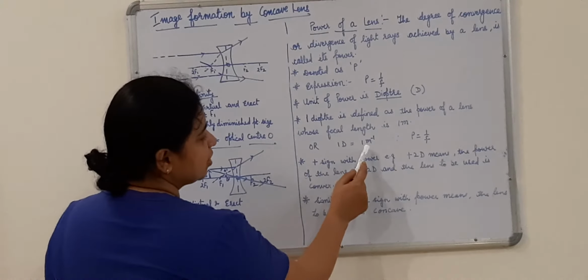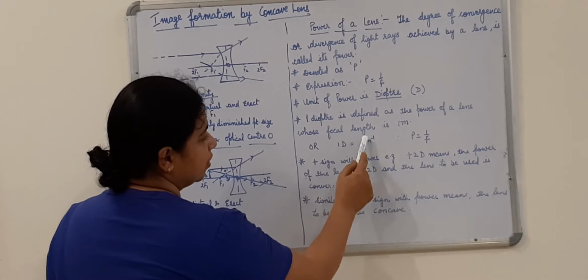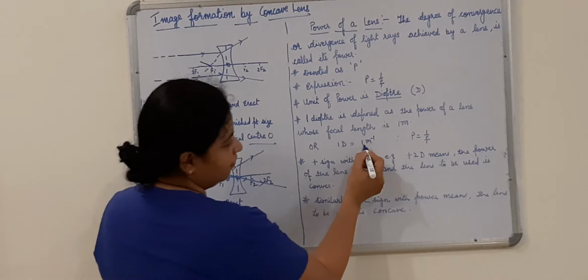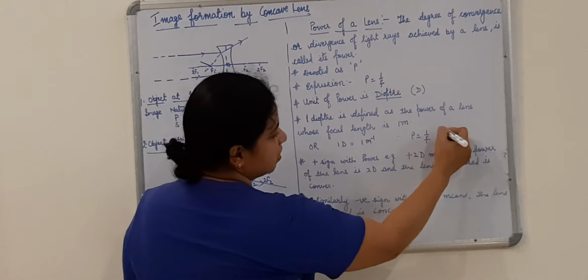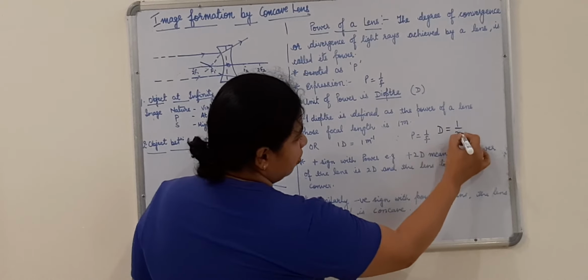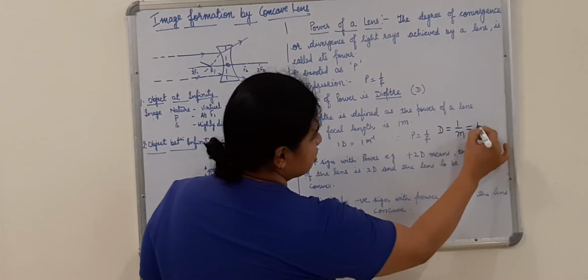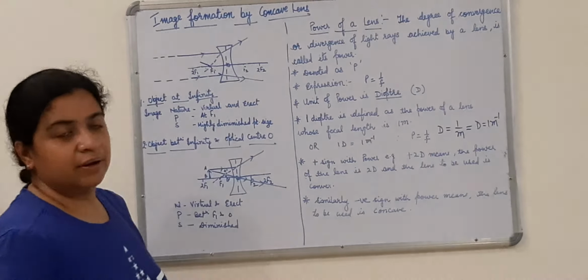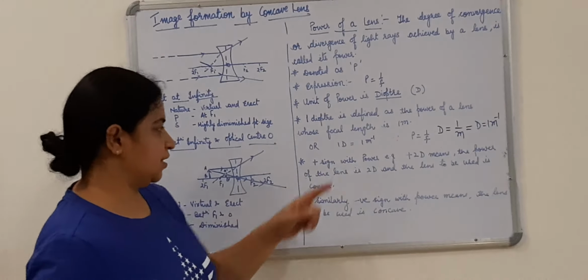So 1 D is equal to 1 upon 1 meter. Why? Because P, that is D, is equal to 1 upon meter, that is D is equal to 1 per meter. That is why this is written like this.